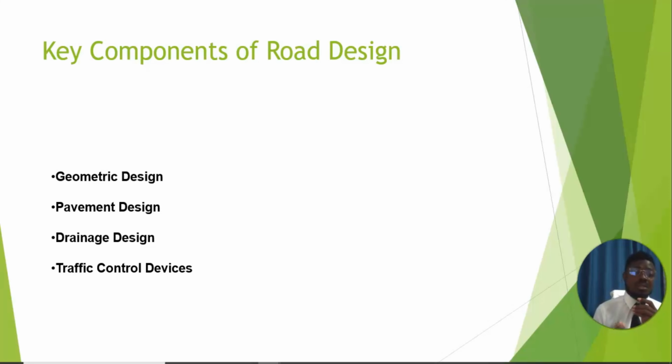That is the ability to set up a drainage system on the road so that whenever it rains heavily, or there is any form of flood, the drainage design can accumulate the water and drain it off the road as soon as possible for proper movement of vehicles.